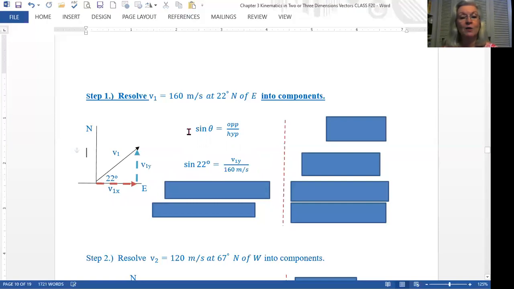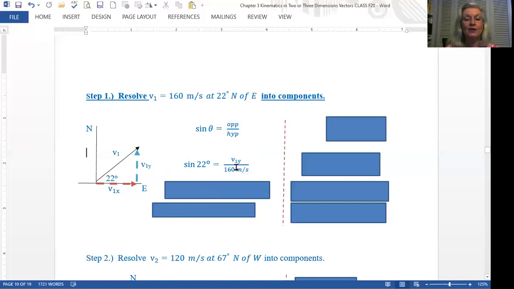So we plug that into our equation. Remember, you write the equation down, then you plug in. So it's sine, now instead of theta, it's 22 degrees. Opposite is v1y. We don't know what that is, but we're going to write down the symbol. And the hypotenuse is v1. Well, we know v1 is 160 meters per second. So I fill it in. All right, now what?